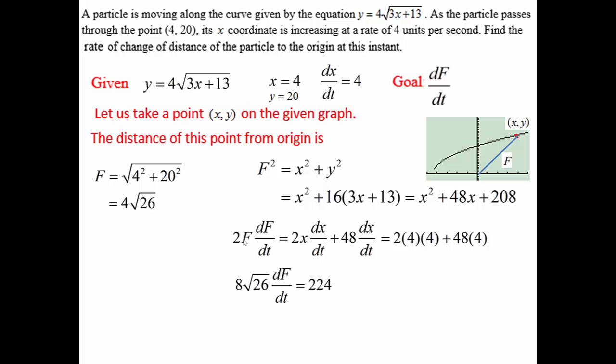Now replace your f by this, so it's 2 times that, and then divide both sides by 8 radical 26. You get df/dt. The simplified version is this one. We rationalize the denominator, and we are done for this problem.